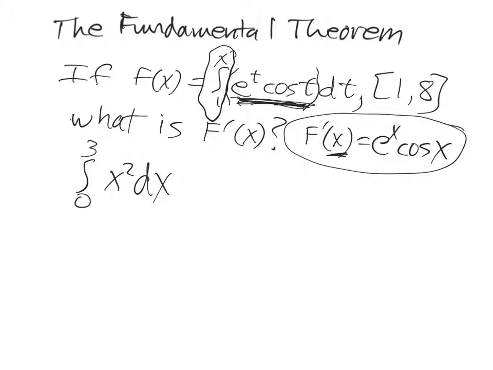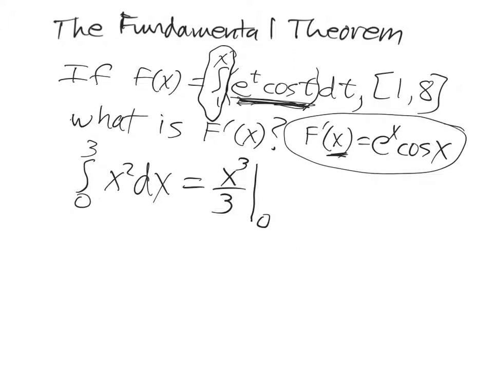How would we find that, or how would we evaluate that? Take the integral of x squared. Okay, the indefinite integral, or the antiderivative of x squared. And some fancy notation here.